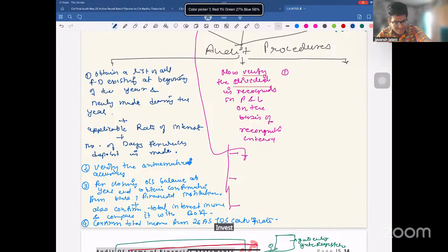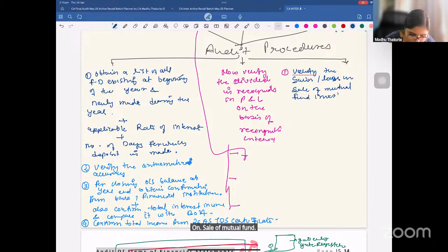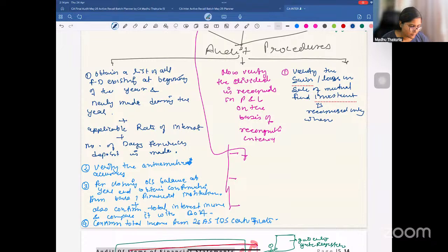First, verify the gain or loss on sale of investment is recognized only when same as recognition criteria.